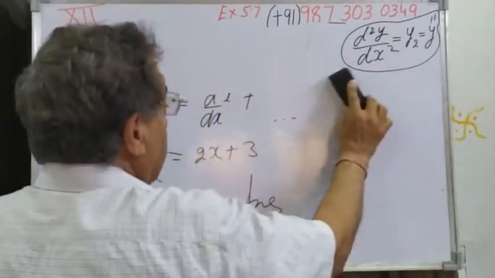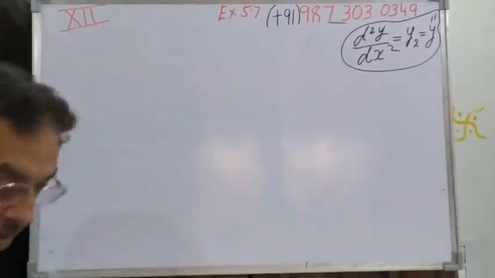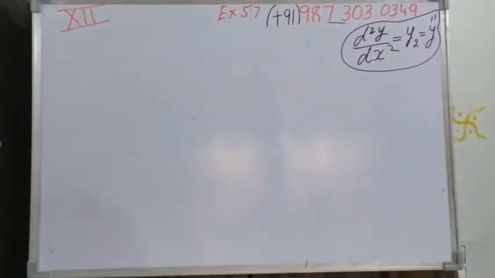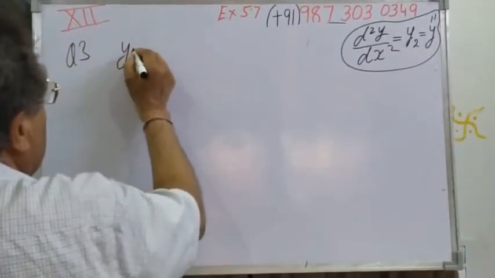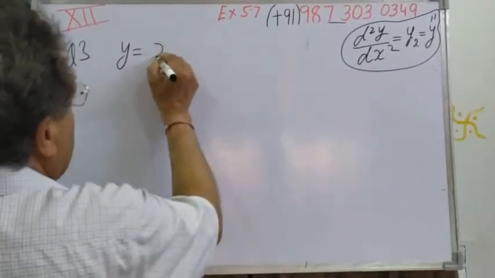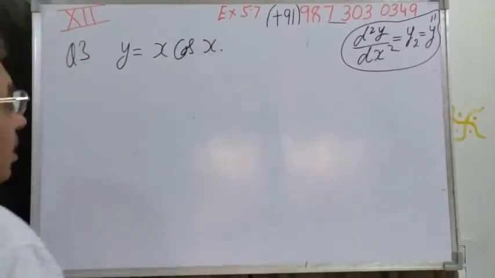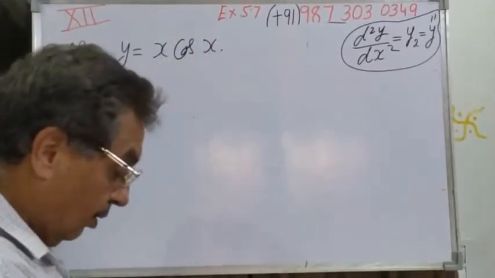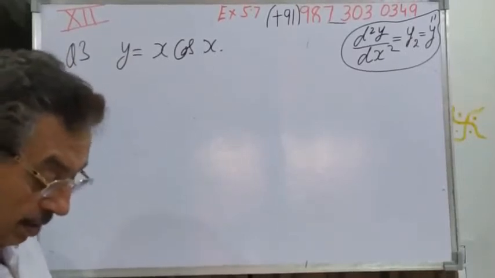The next important question is question number 3 of exercise 5.7. Let y is equal to x cos x. Again, we have to find the second order derivative of this function.